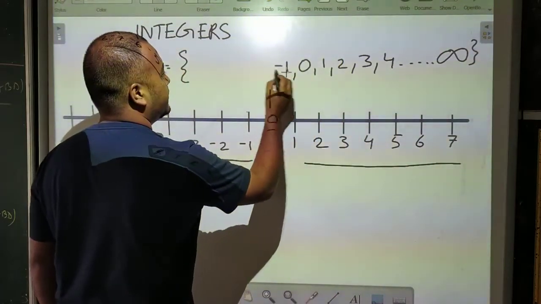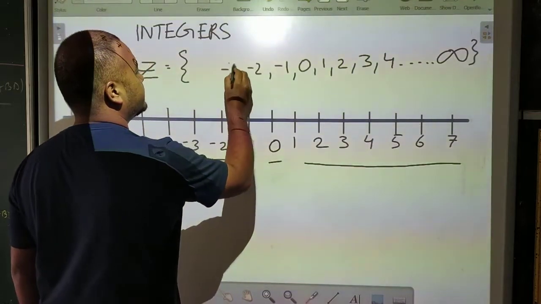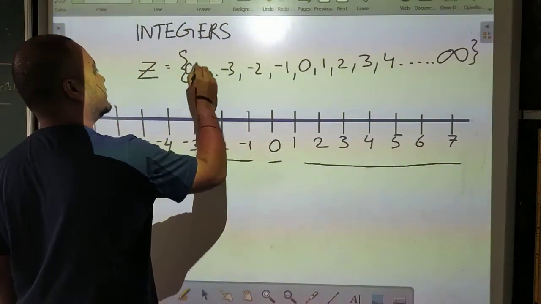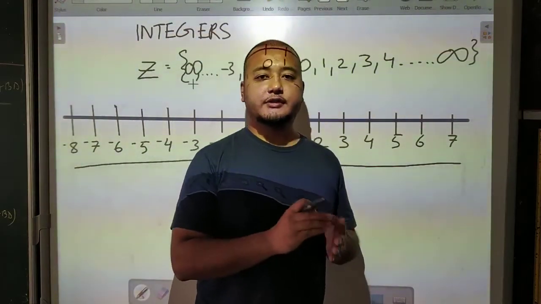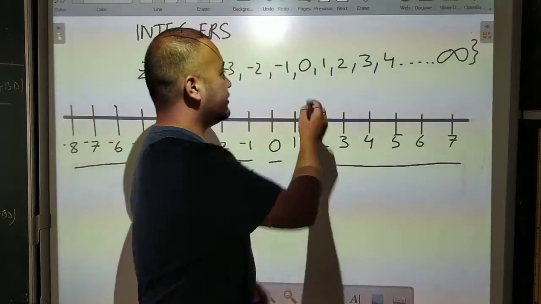And you have then minus 1, minus 2, minus 3 and they also go on and on until infinity. So integers are positive numbers, negative numbers including 0.